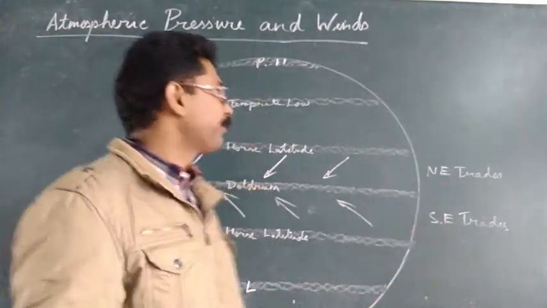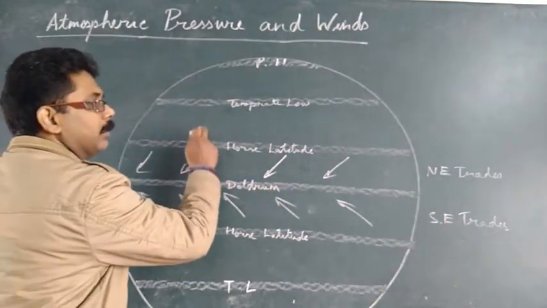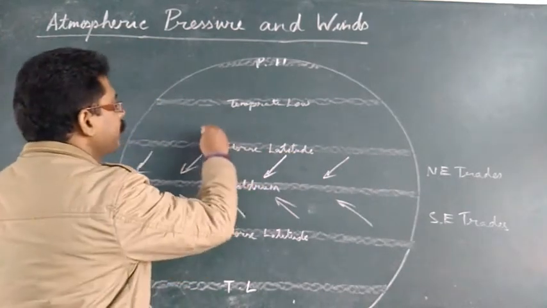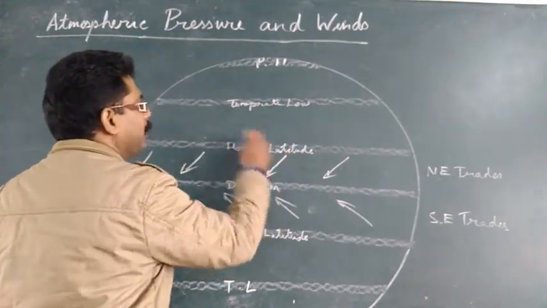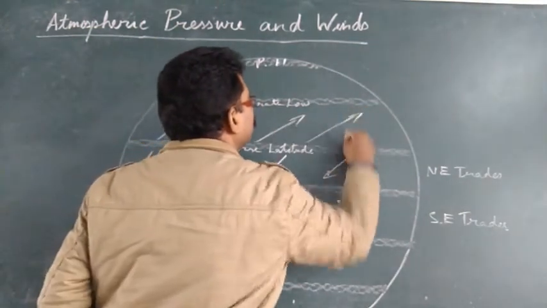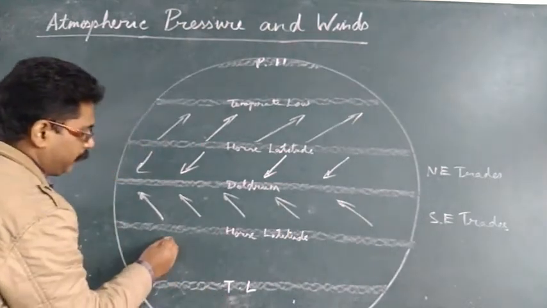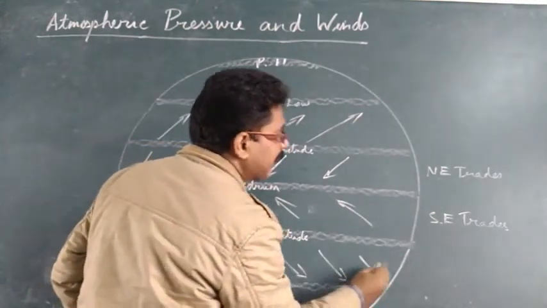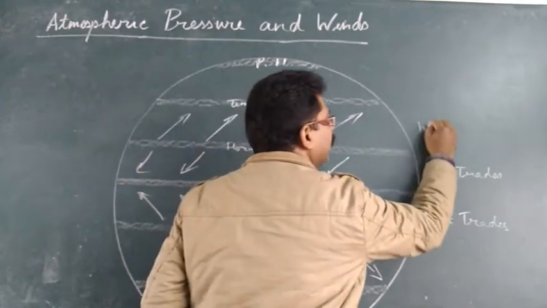In the same way, the horse latitude, that is the subtropical high pressure belt, is a high pressure, so the wind blows to the temperate low, in both hemispheres, and these winds are called westerlies.